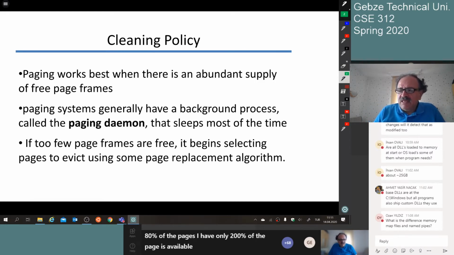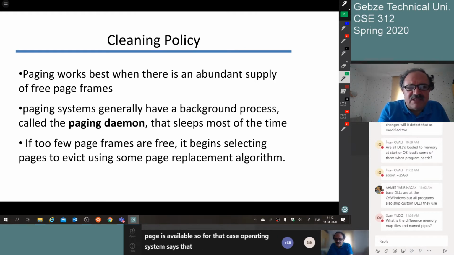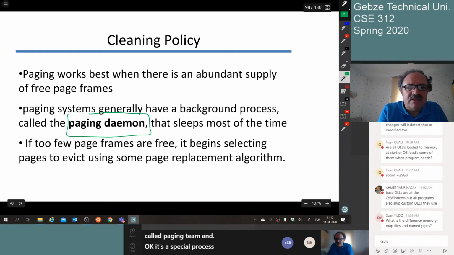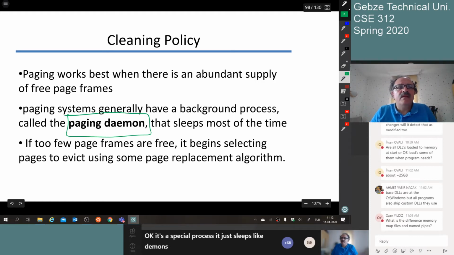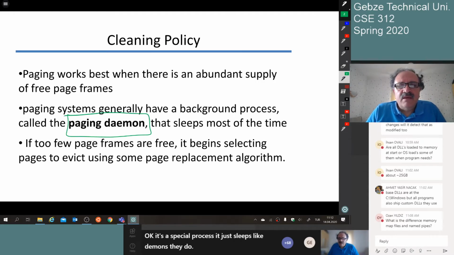For that case, the operating system has a special process called the paging daemon. It just sleeps like daemons do. It wakes up if the available page frames are less than 20%.